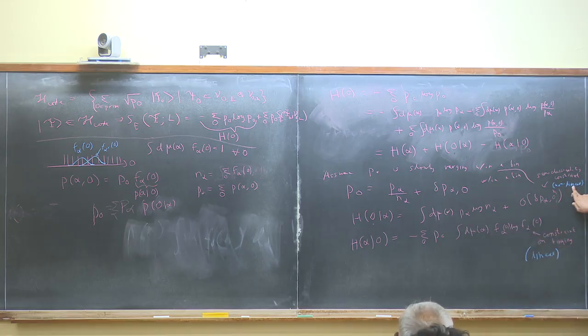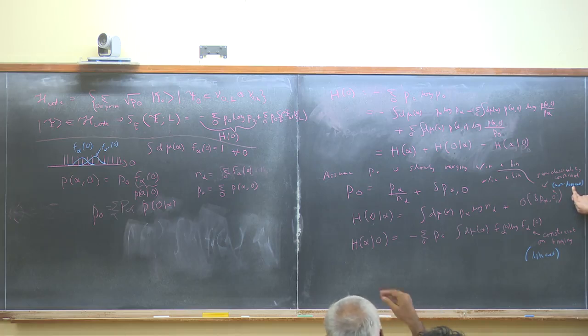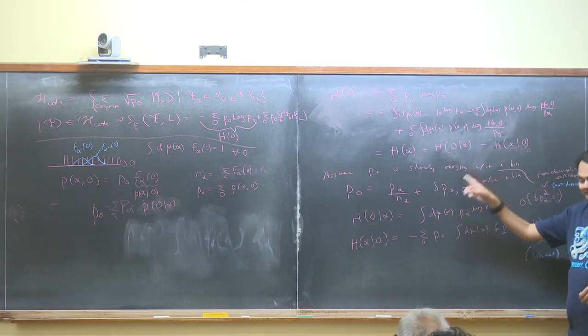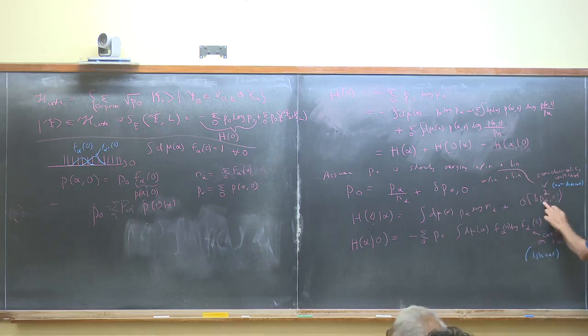This constraint cannot be imposed at the level of a code subspace, because it's not a linear constraint. It's not closed under linear superposition. Why is it not linear? There's a square. It's the square of the delta p. Let me remove the subscripts to make it clearer. The square of a probability. It's a quadratic constraint.